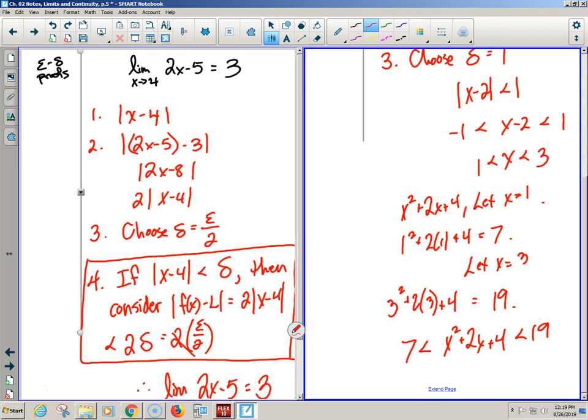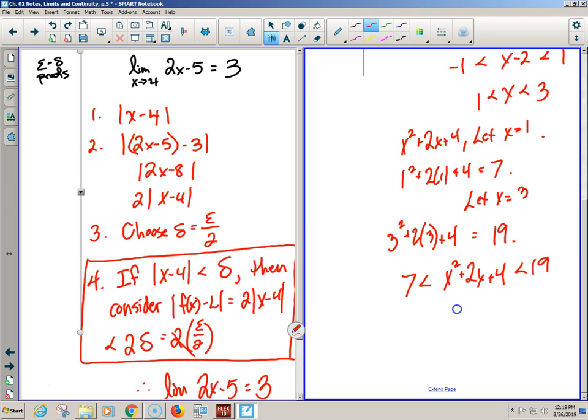And then he applied that to the polynomial to figure out what the polynomial must be between. Okay, now what? Less than 19. And then C equals 19.